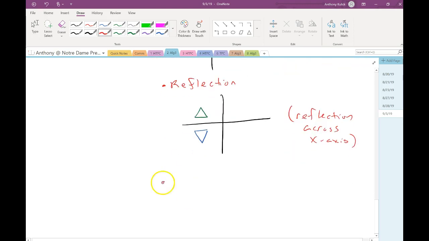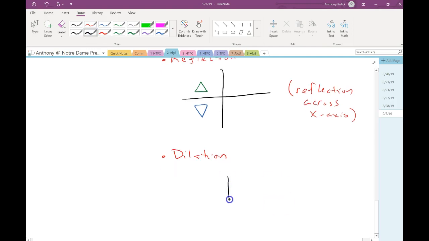The next one is called a dilation. So for a dilation, you're noticing that the shape does not change.